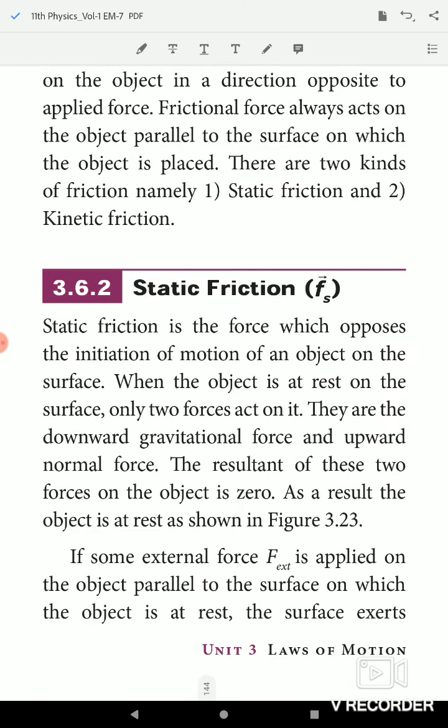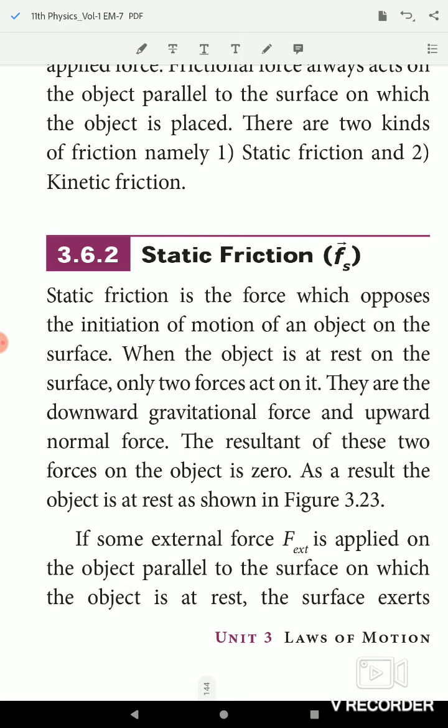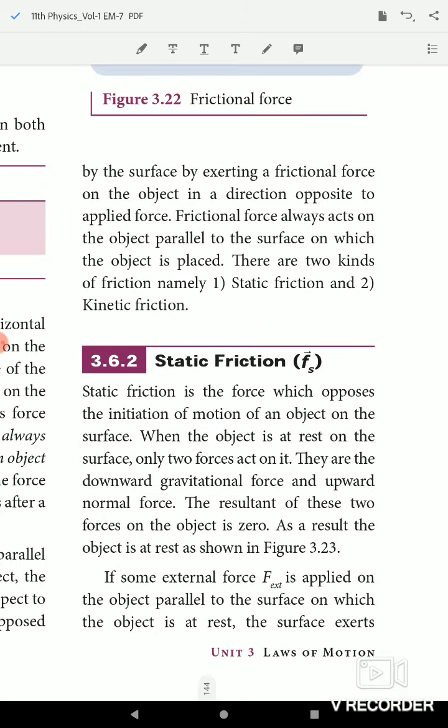Now we are going to see static friction, that is Fs vector, because you see the direction. So Fs vector is its notation, its symbol. Static friction is the force which opposes the initiation of motion of an object on the surface when the object is at rest on the surface.